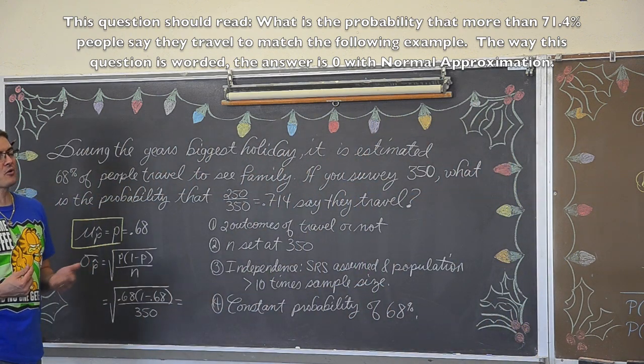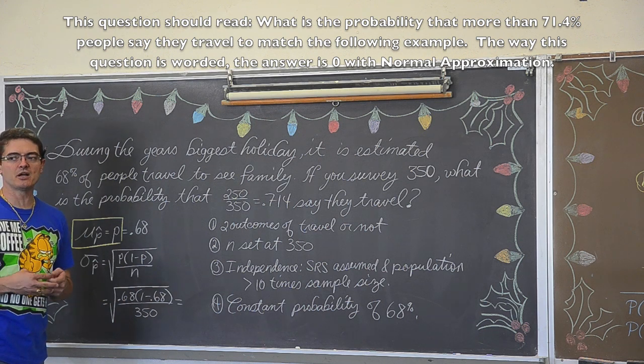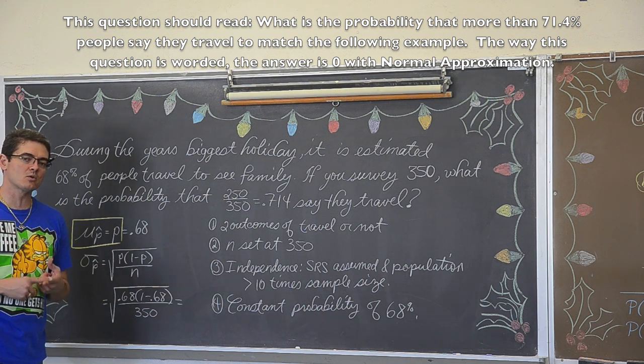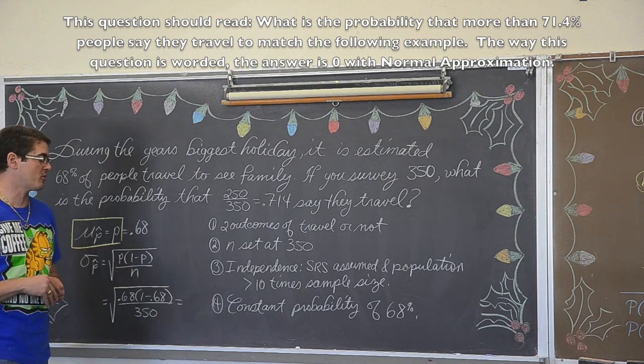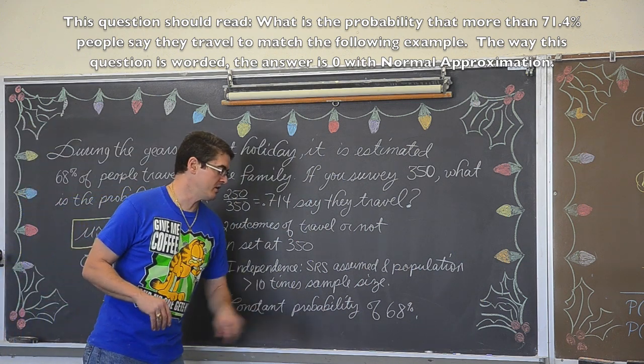Now, if I'm going to do normal approximation, and all calculations with binomial proportions do involve z-score calculations, which we call normal approximation. Well, if you're going to do that, you need a normality check.